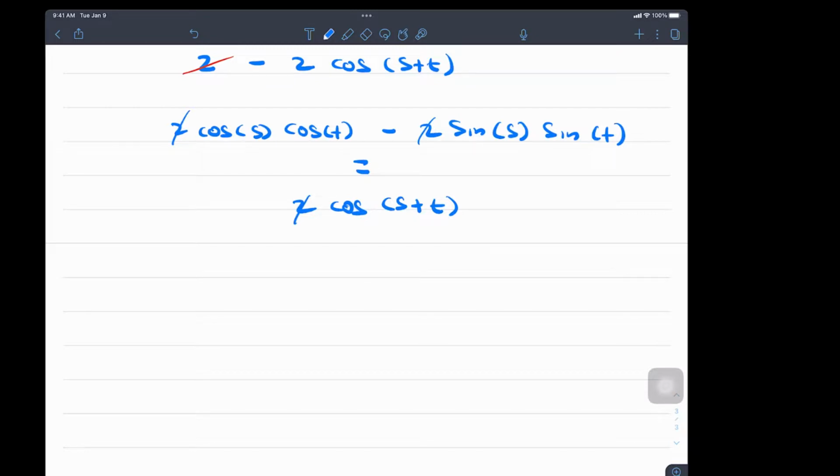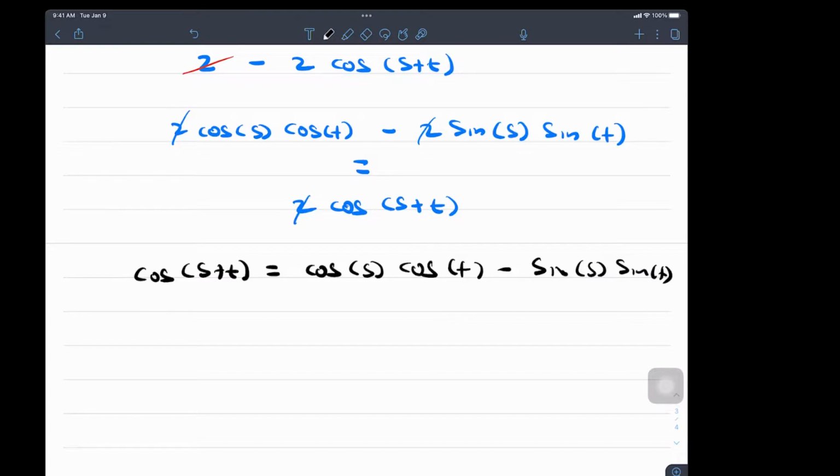So then what I'm left with: cosine s plus t now becomes cosine s cosine t minus sine s sine t. Now, your book likes to use a and b.